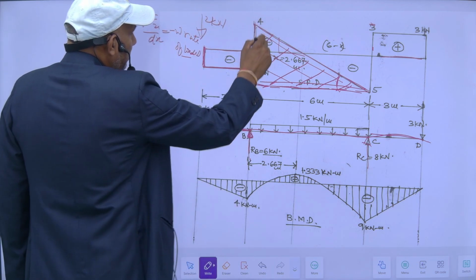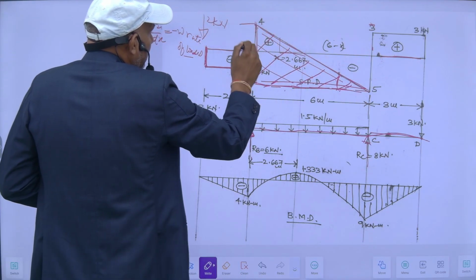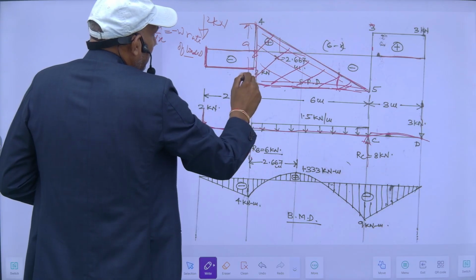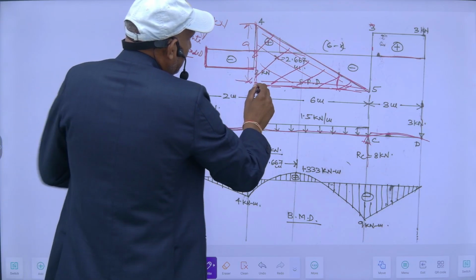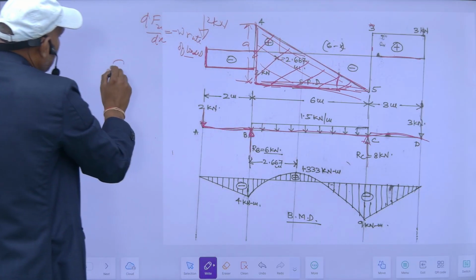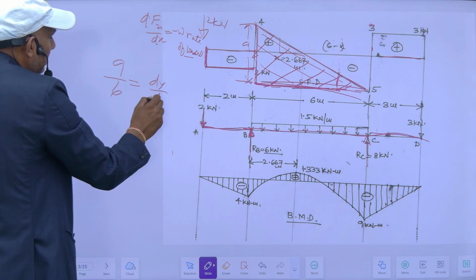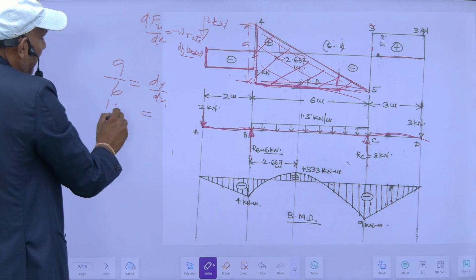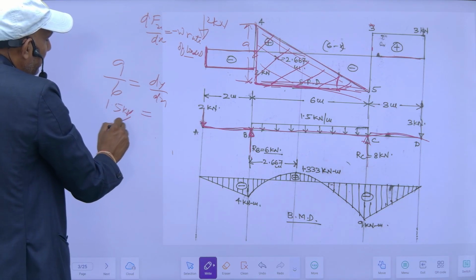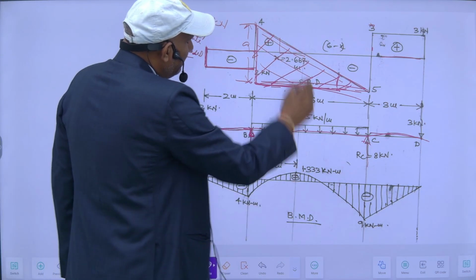So this is 4 plus 5, this is 5, this is 4. So this total is 9 kilonewton, and this is 6. So this 9 upon 6 will give the slope, and it is equal to 1.5. So its slope will give the rate of loading.